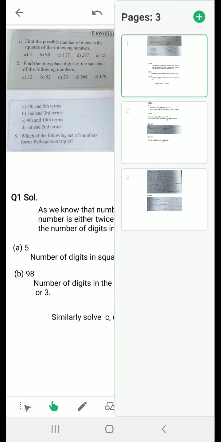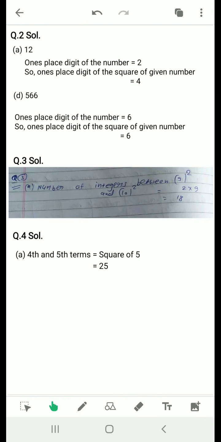As I already discussed in the properties of square numbers, if we try to find the number of integers between any two consecutive square numbers, any two consecutive meaning one after another, like 9 and 10, 11 and 12, 15 and 16, 20 and 21, anything, then it will always be equal to 2 multiplied by the smaller integer.